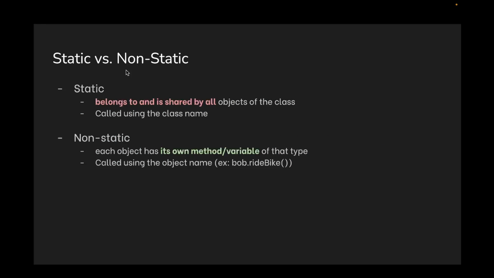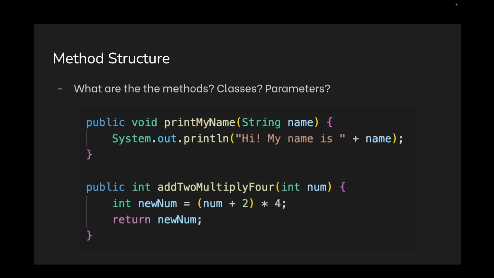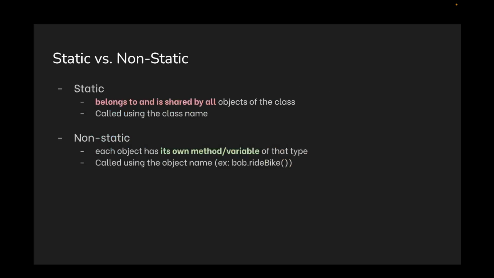Alright, let's move on. Static versus non-static. Static means that whatever we define as static, like our method or our field variable, belongs to and is shared by all objects of the class. Let's say we had a human class, right?